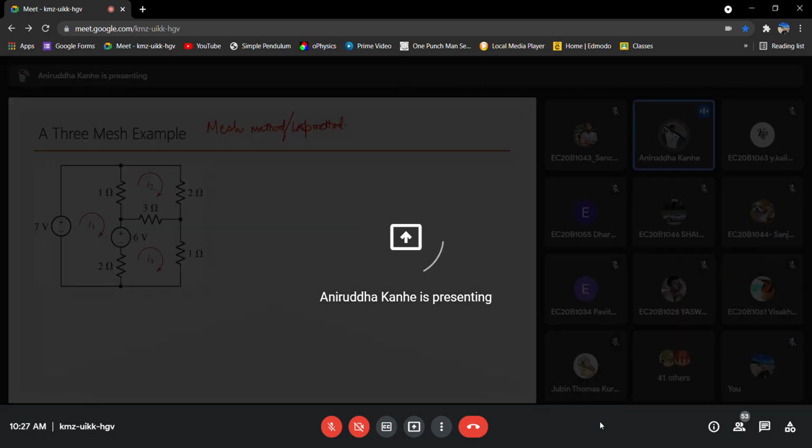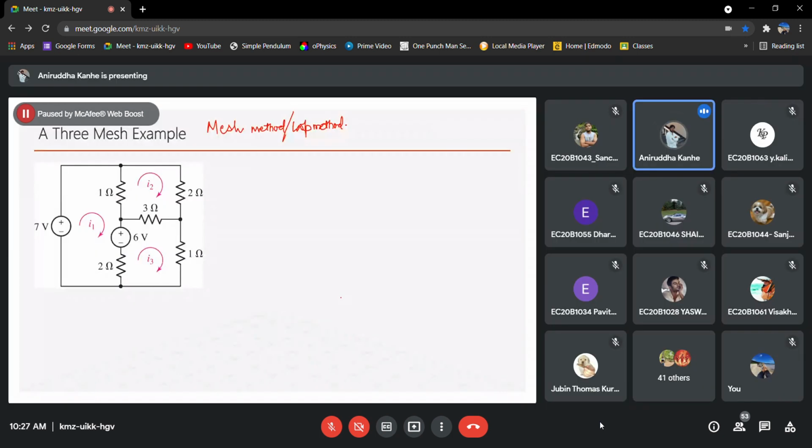Let us consider this example, which is taken from the book. Are you able to see the PowerPoint? Yes, sir. So how many loop currents are shown here?